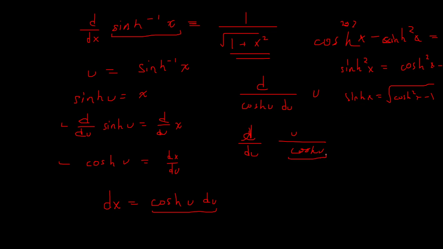And same thing over here, you can replace cos x as root of 1 plus sine squared x, and we know this is basically, no, this is not u, sine squared u. We're going to use u over here.